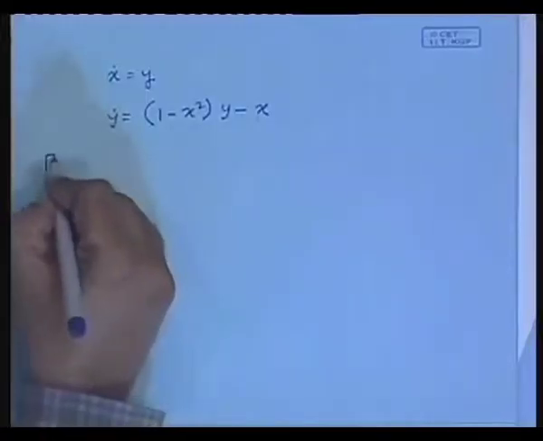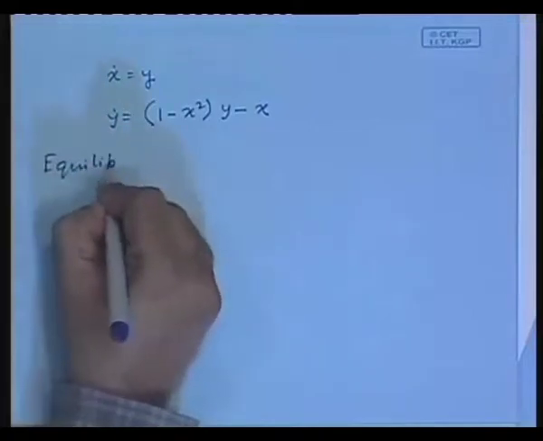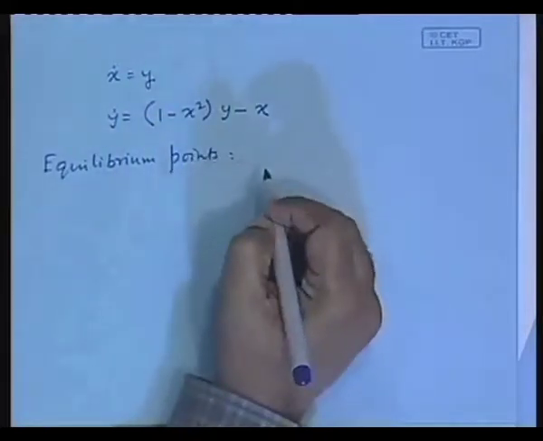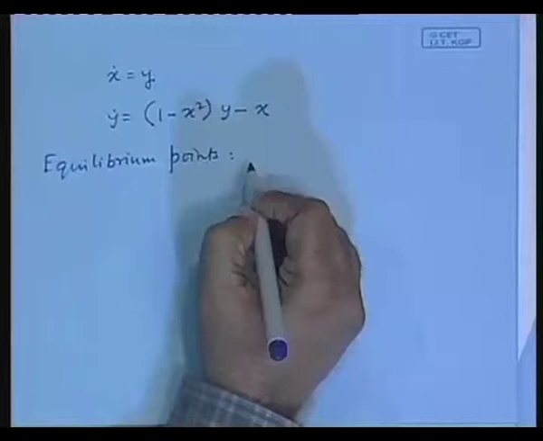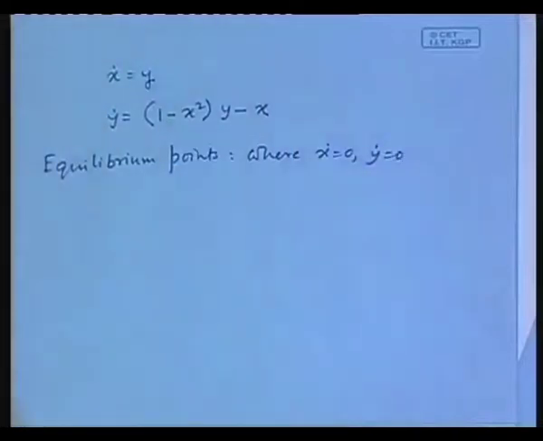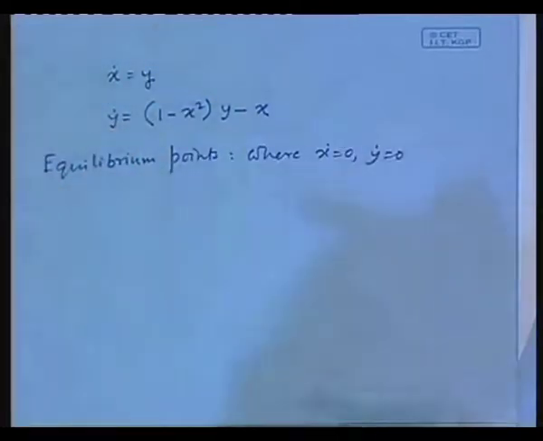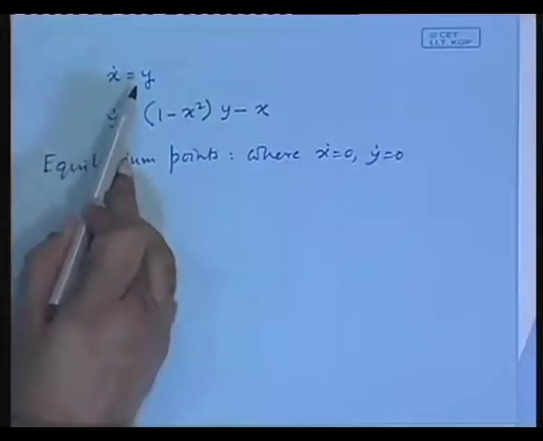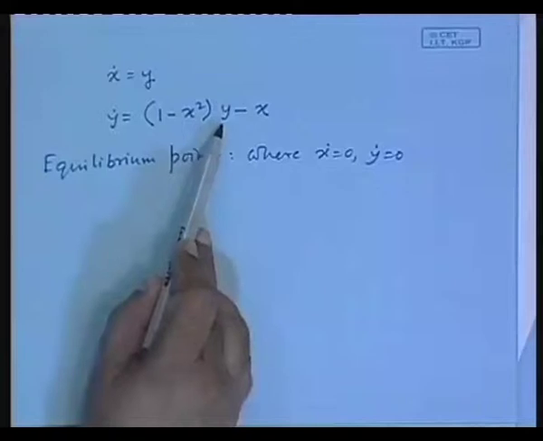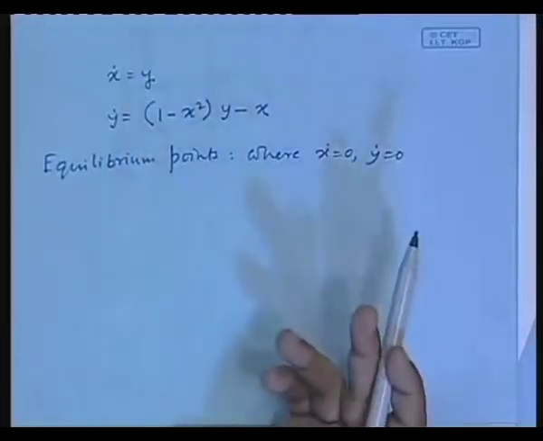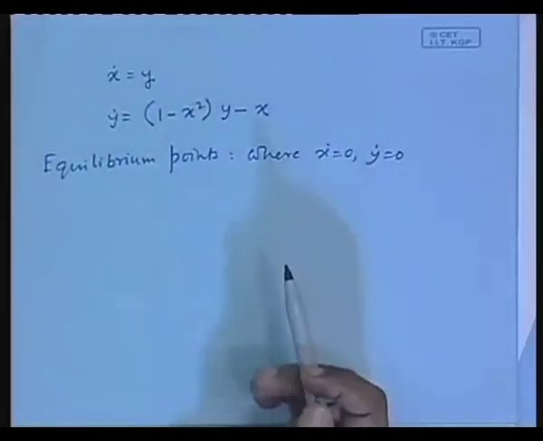So, let us write where x dot equal to 0. For this system, can you obtain it? Well, this says x dot equal to 0 means y equal to 0. Now, if you put y equal to 0 here, you get a quadratic equation. You need to solve it and then obtain the possible values of x for which it will be 0.